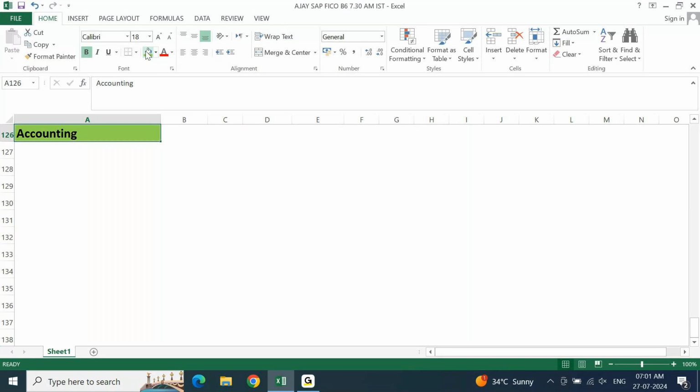If you are able to relate your basic accounting from your academics to industry accounting or any organization related accounting, it is easy for you. If this is not clear and you have confusion, practically you are not going to understand SAP FICO, and in the interview you will start facing difficulties.